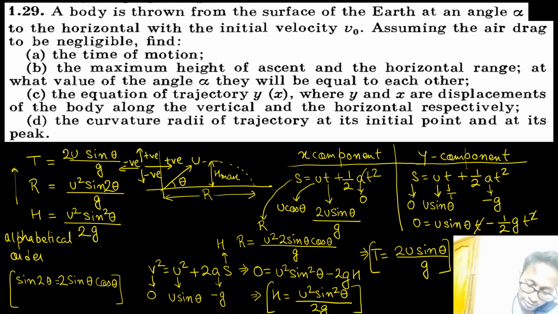So if I solve this, R is equal to how much? R is equal to u square sine 2 theta by g, which is the basic value of R. Okay, we derive this one here.